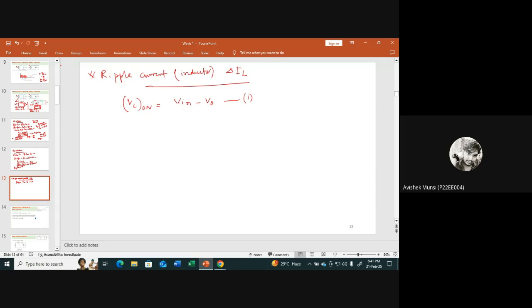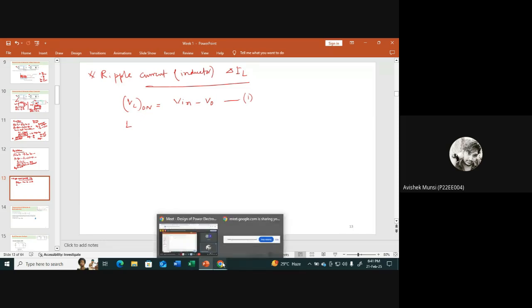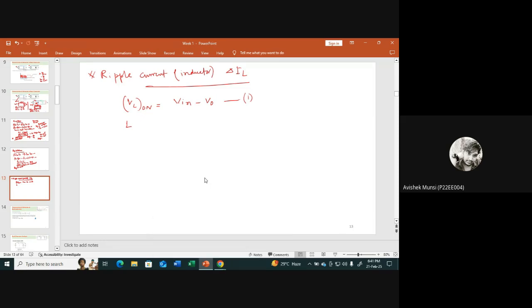See, the voltage across the inductor can be represented as L times the change in inductor current by dt, that is equal to Vin minus V0. So this change in the inductor current is basically the ripple current.